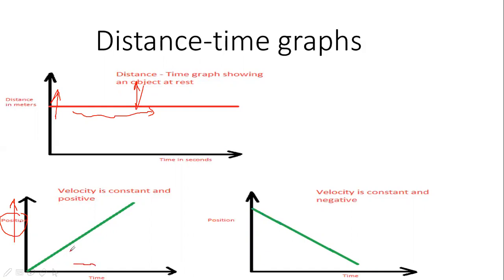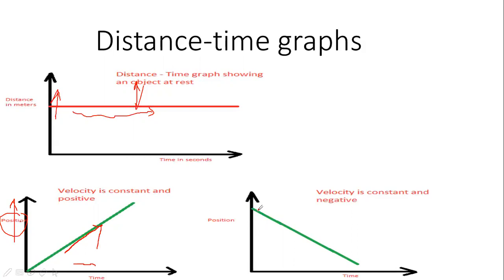It's a straight line, which means equal distance in equal intervals of time. So velocity is constant and positive because the line is a straight line.